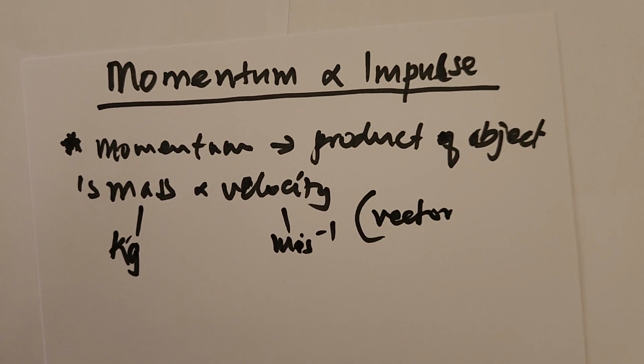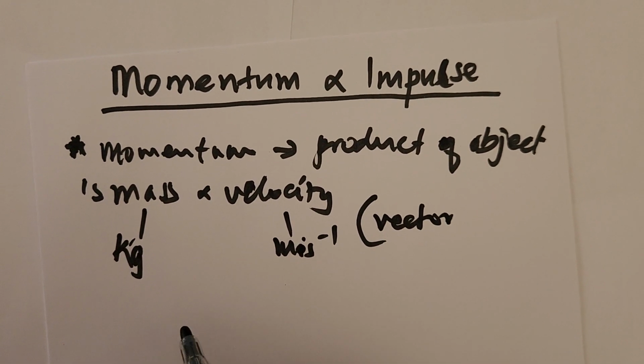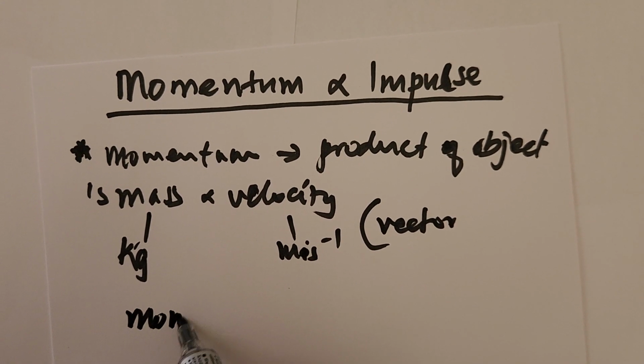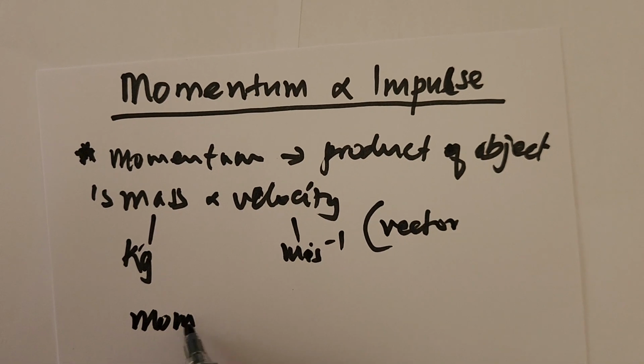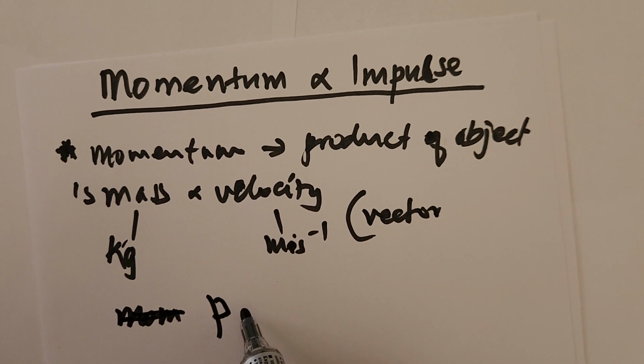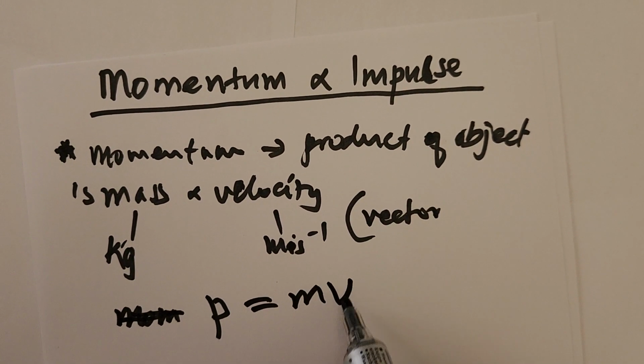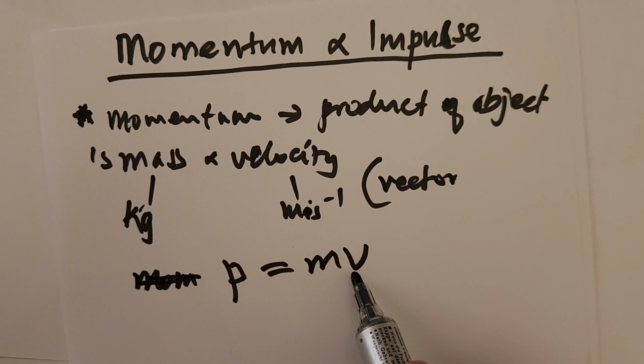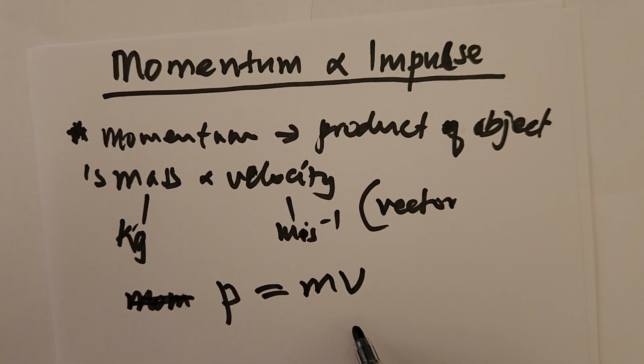Therefore, from this definition, the symbol for momentum is P. According to the definition, momentum, which is P, will be the same as mv. So it's the product of the mass of an object and its velocity.